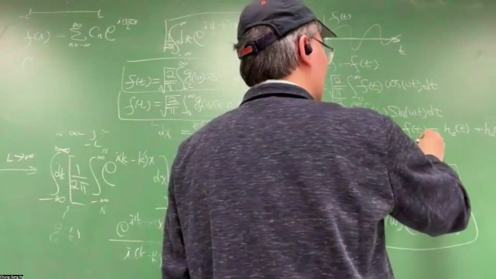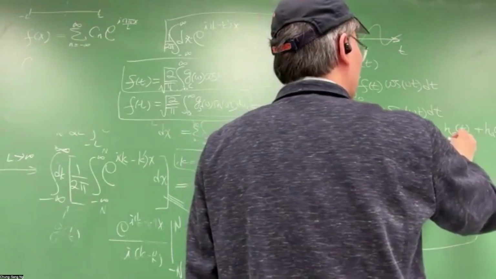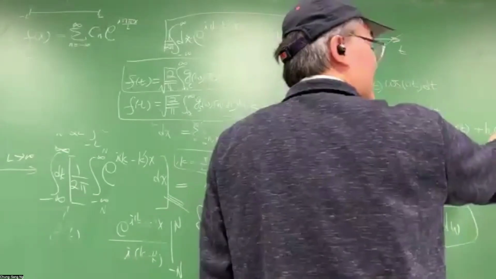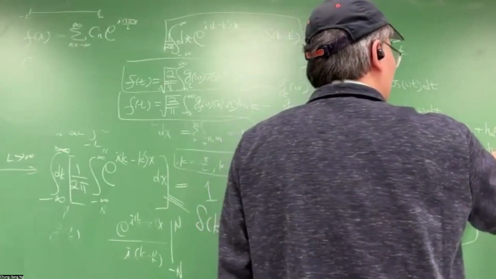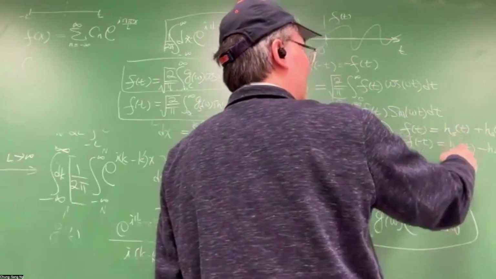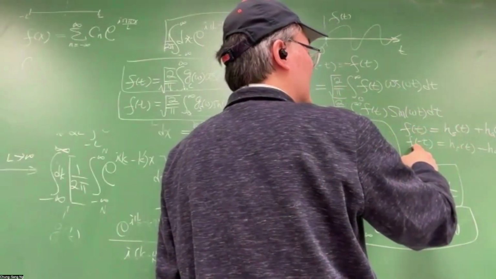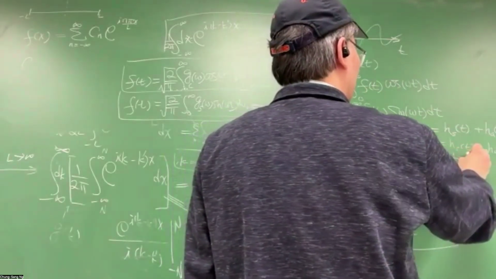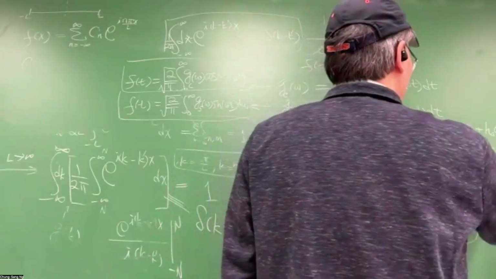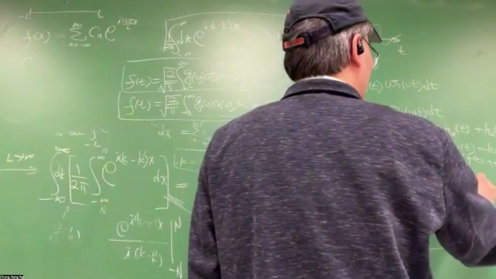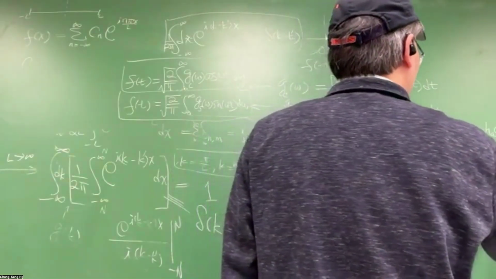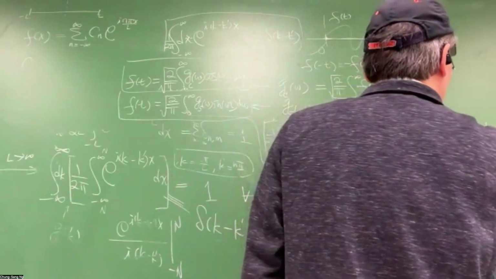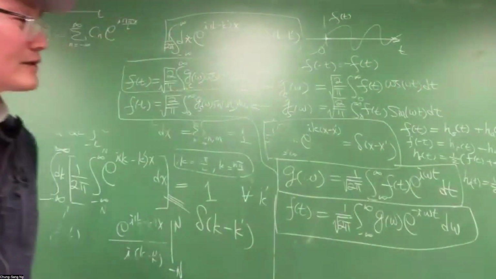And f(-t), changing t to minus t, gives you the same for the symmetric part and minus for the anti-symmetric part. So just define h sub s(t) as half of f(t) plus f(-t), and likewise h sub a(t) is half of f(t) minus f(-t). You can always define it.